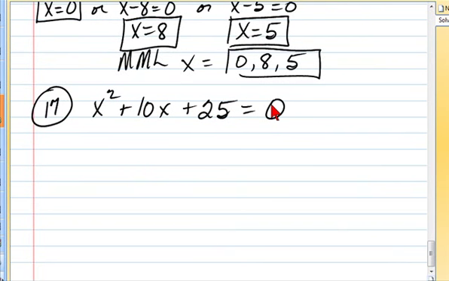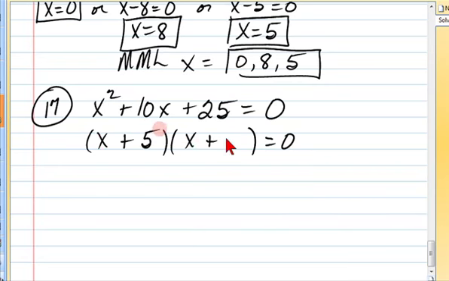Now, depending on your own personal set of skills and experience, a lot of people would do trial and error. Somebody might notice that this is a perfect square trinomial. But let's just say that we didn't notice it. Both signs have to be plus. I need an x and an x. And factors of 25 that add up to 10 would be 5 and 5.